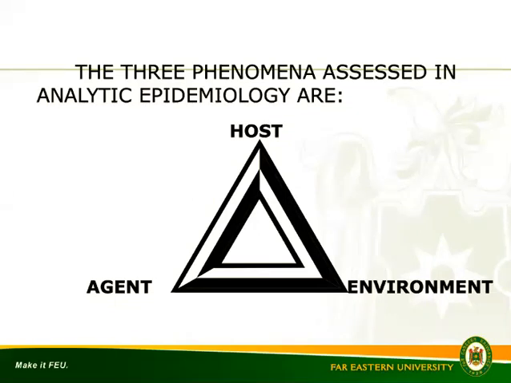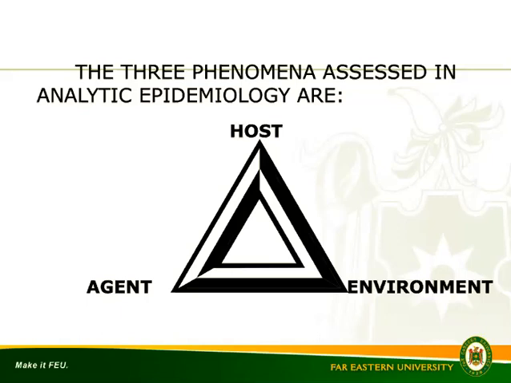An understanding of disease causation in analytic epidemiology helps in the formulation of prevention and control measures. So the disease process involves the interactions of these three kinds of factors, namely the agent, the host, and the environment.